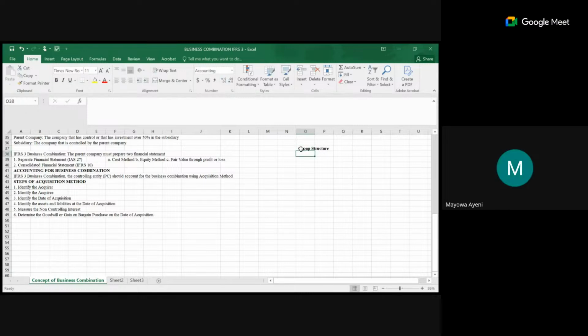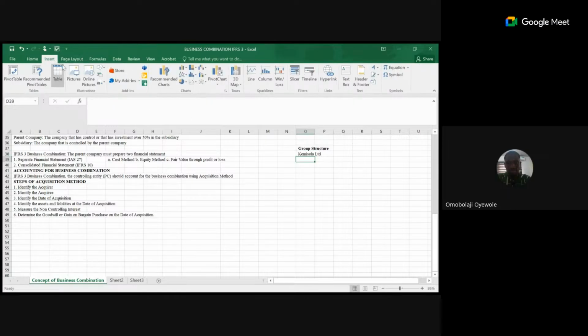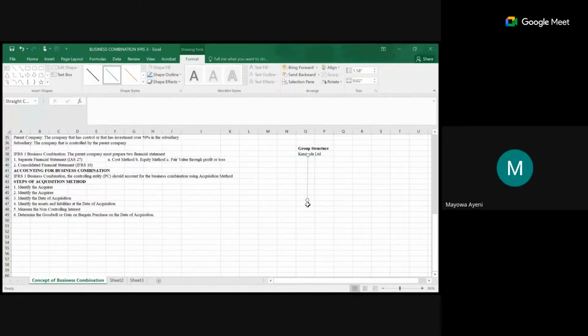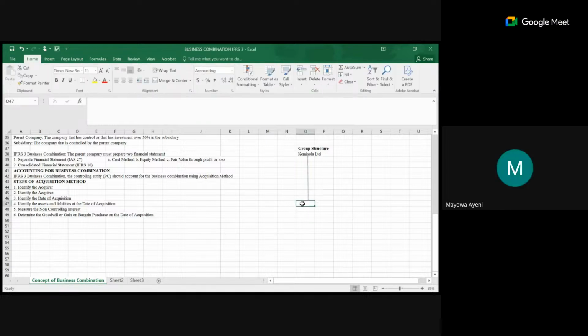So the group structure says Solar Limited, and we have Epic.